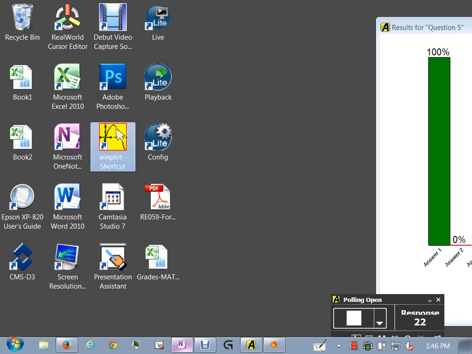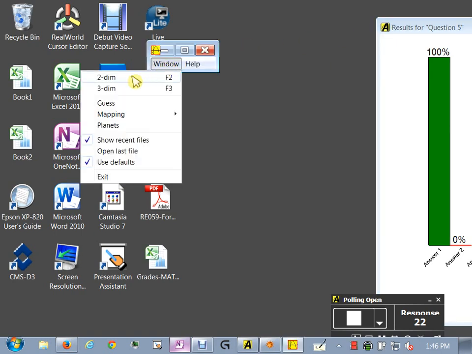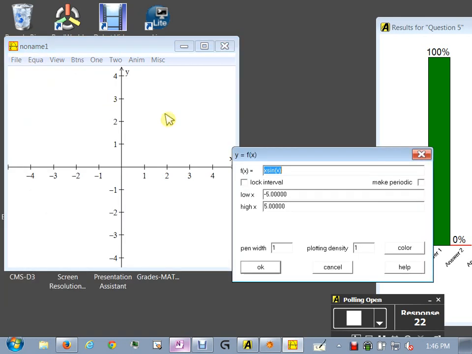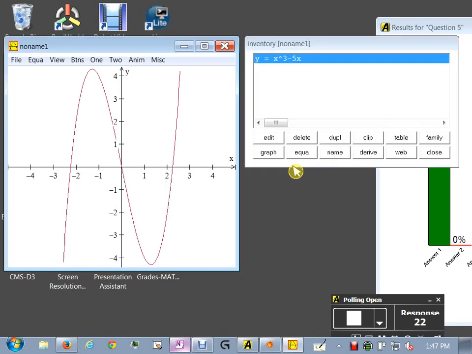So I'm going to test whether or not we did this correctly. And I'm going to try and make you believe it by opening a separate program, and I'm going to have it graph x cubed. Oh, no, I'm not, unless I turn this on. X cubed minus 5x, right? There's the graph.